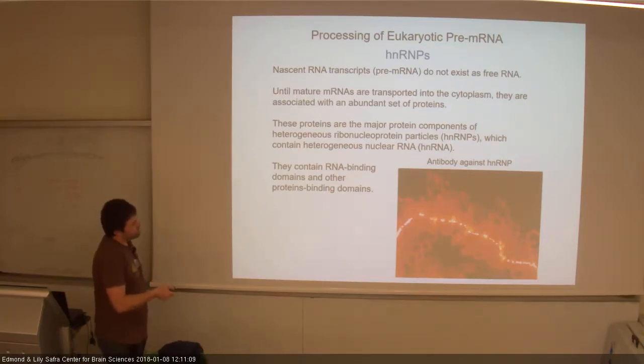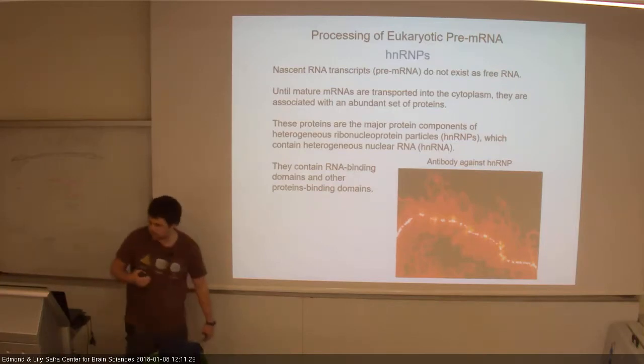This is, for example, an antibody staining for these hnRNPs. Oh, sorry, this is a DNA, and there are mRNAs that are springing from this DNA molecule, but this is staining for the hnRNP.